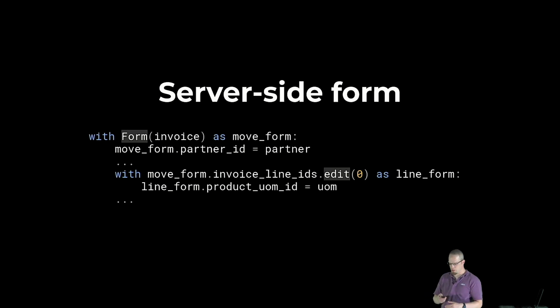This is the form object, and there you can again assign fields. And for one-to-many fields, you can even edit a particular line of one-to-many fields. So here, for instance, this is editing the first line in those line IDs. You see? And this reproduces everything the form view would do.